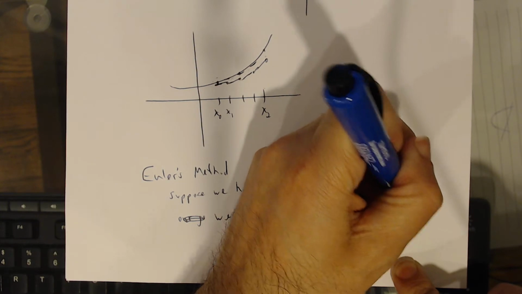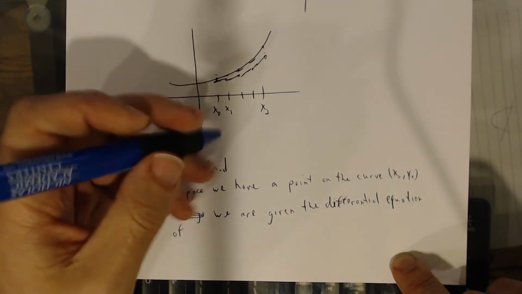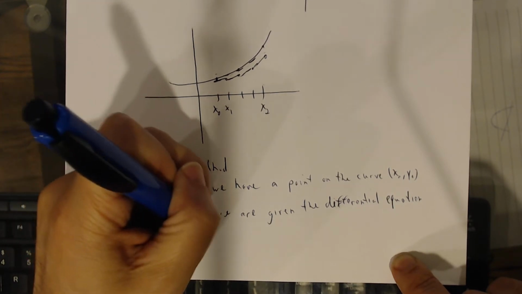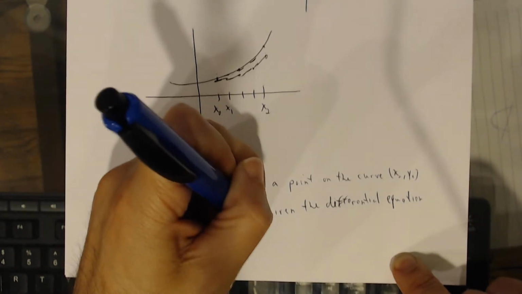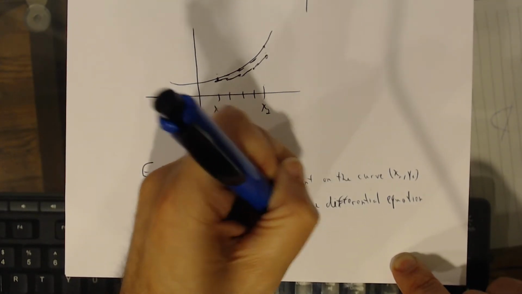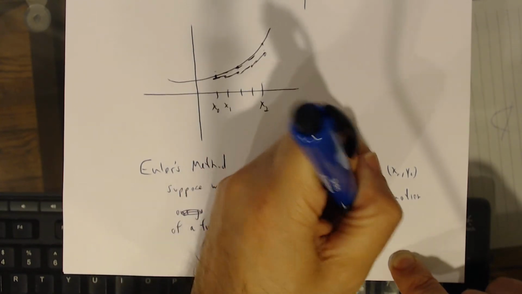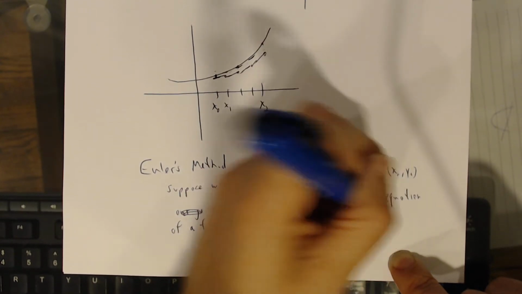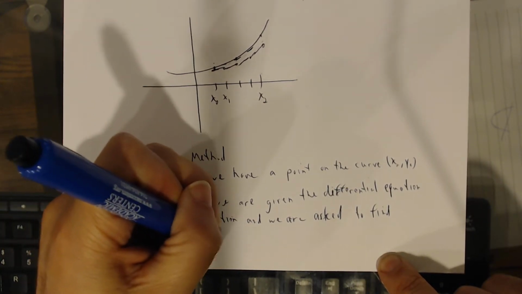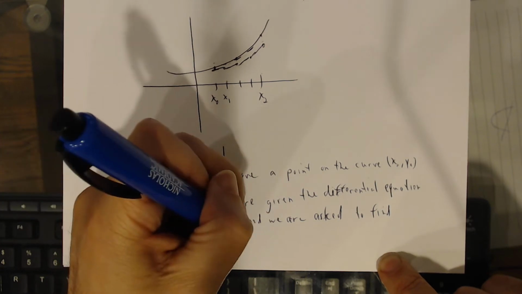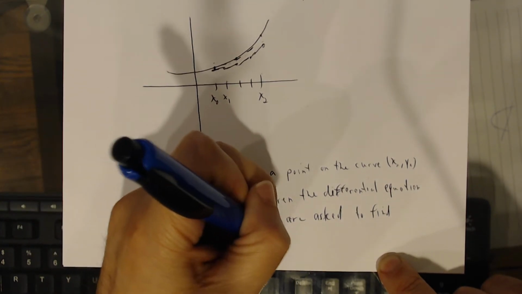equation, which in other words, the differential equation is pretty much the derivative of a function, and we are asked to find its solution at x sub n comma y sub n.